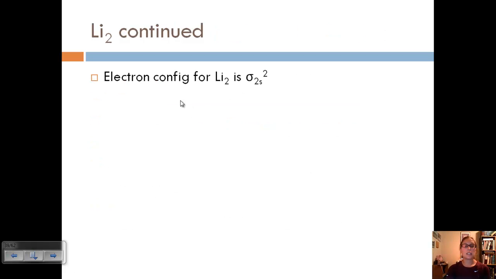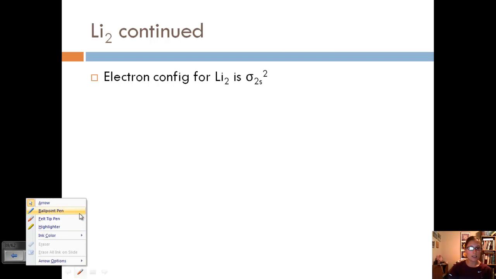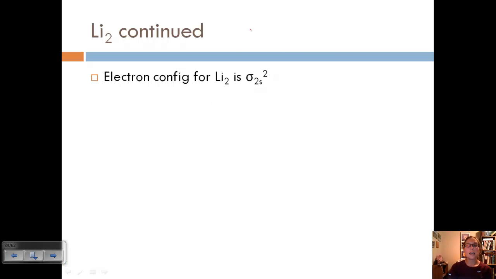Okay, the electron configuration for Li2, if we look at it in molecular orbital format, is sigma 2s2. If you remember, the electron configuration for lithium is 1s2, 2s1, so each lithium is contributing one valence electron from the 2s, and both of them together make two valence electrons, so that's where that 2 is coming from.